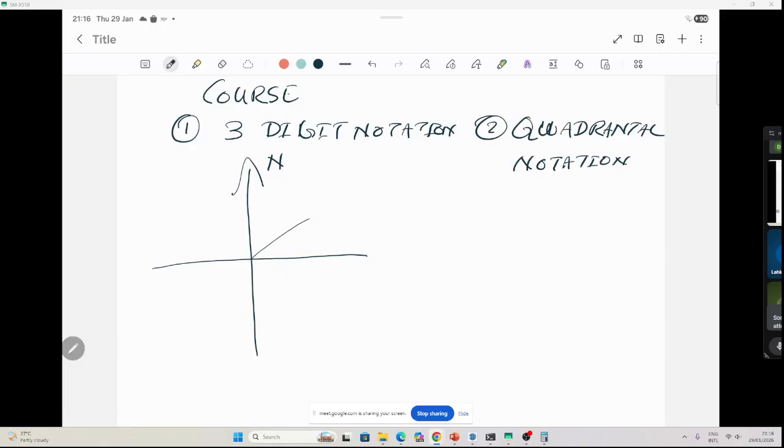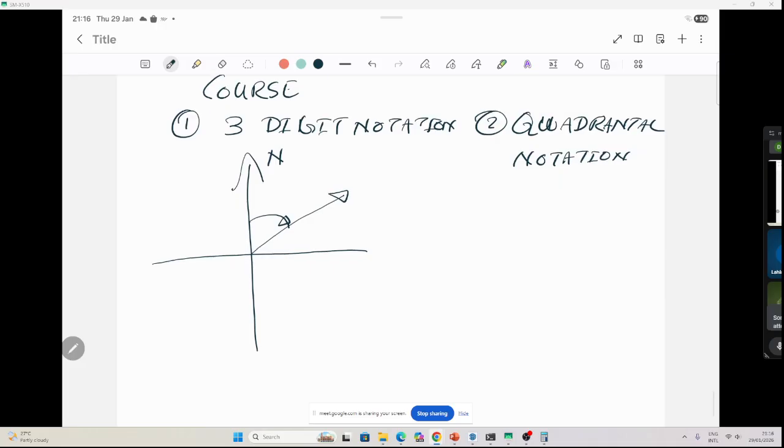Let's assume that you are sailing towards this direction. So this angle is clockwise, and let's say this is 060. We write all 3 digits, because your course can be 60, 120, even 1 degree.